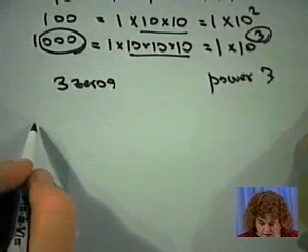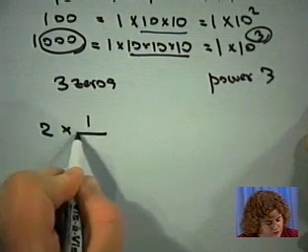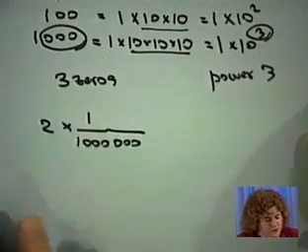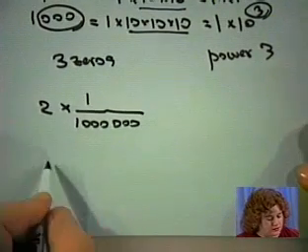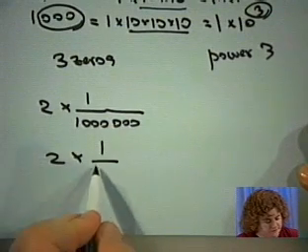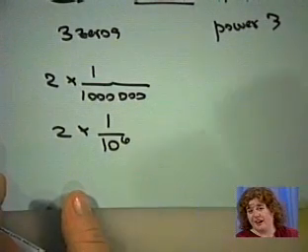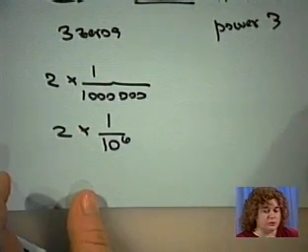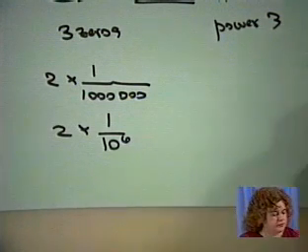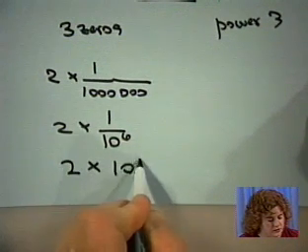Let's also look again at the problem 2 times 1 over a million. We have 6 zeros, so we could write that as 2 times 1 over 10 to the 6th. But we'd really rather not haul around a fraction. So what we'll do is we'll take our definition for negative exponents and we'll just go in reverse. And we can write that as 2 times 10 to the negative 6.